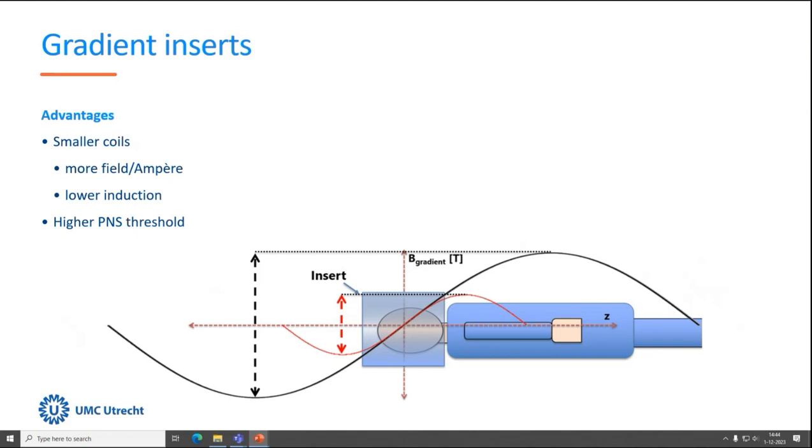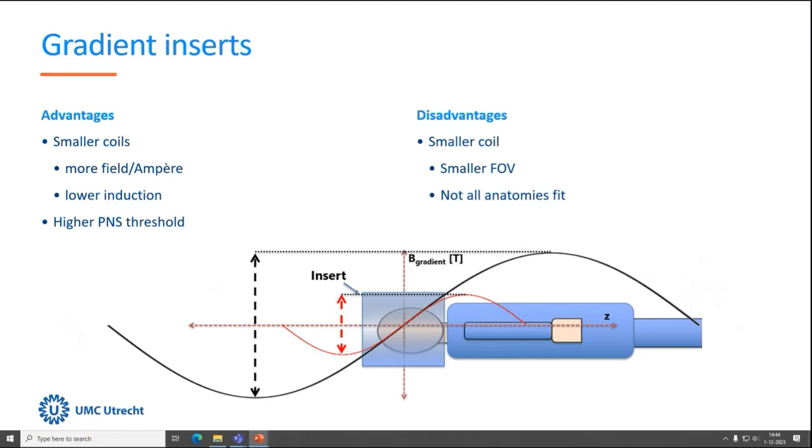They're more responsive, with lower inductance, and they have a much higher PNS threshold, because if you have a compact coil, here is the insert, the swings in the magnetic field are much smaller, right? That's the trick we exploit for insert gradients.